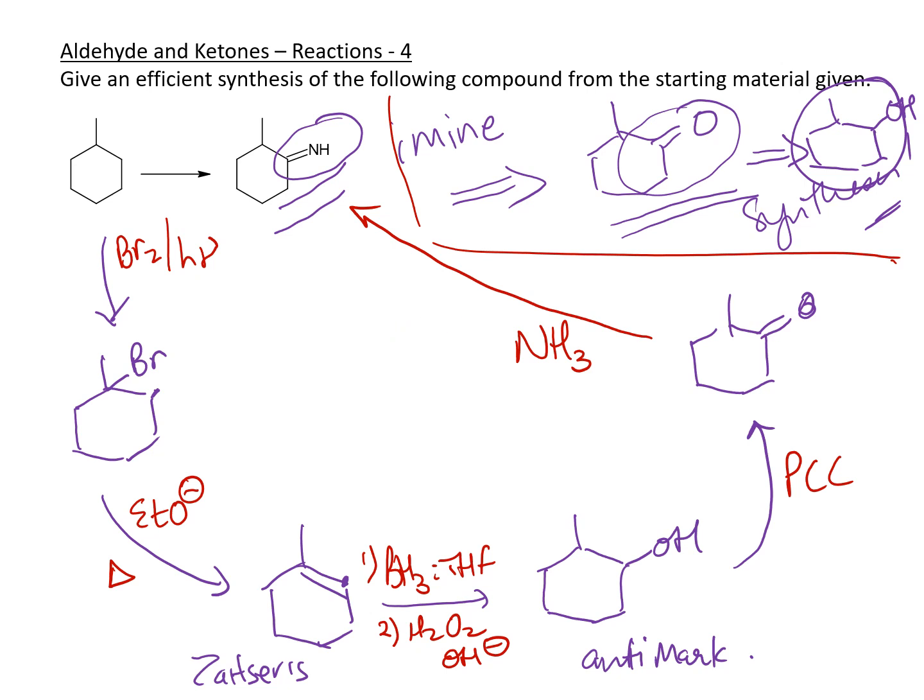And if you feel like it, and it's entirely up to you, I don't give you less or more credit, you can write H3O plus, because generally for all of these reactions, except for the free radical, usually you have to wash with water, and in some cases bases, like in hydroboration. But anyhow, that is how you will make an imine from the cyclohexane.